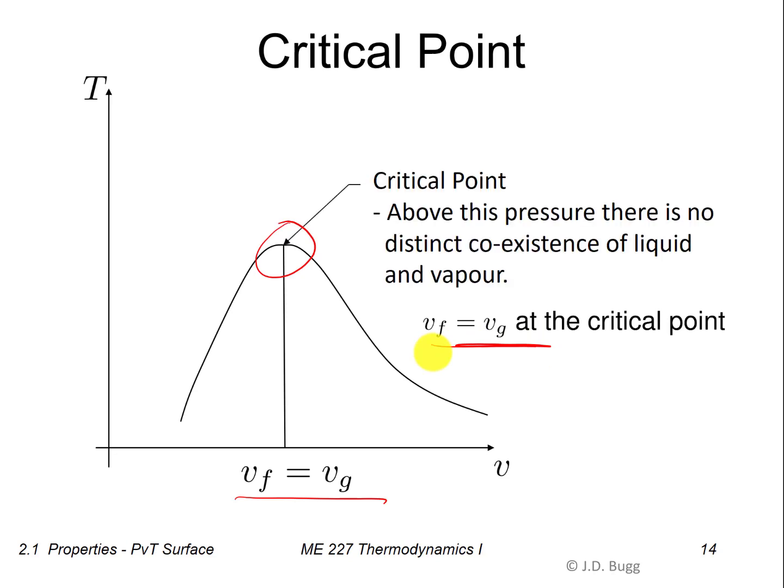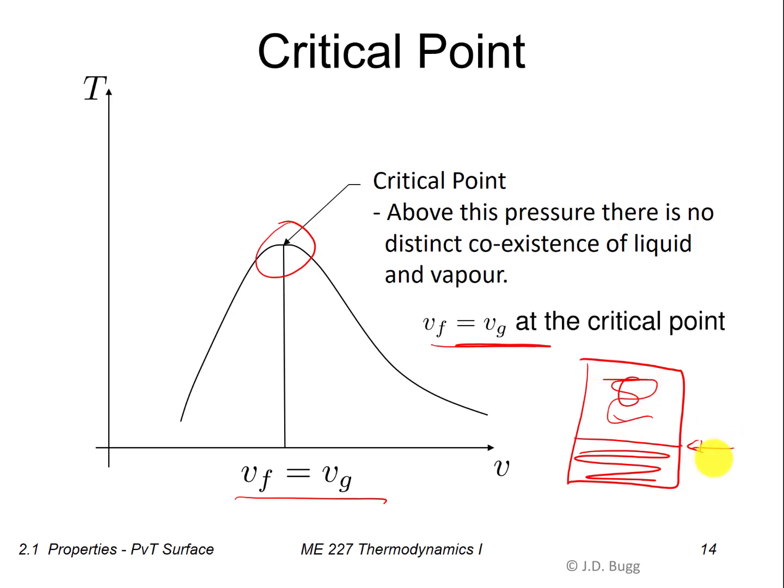Now, above the critical point, there really is no distinct coexistence of liquid and vapor. So we've gotten used to seeing containers so far, where if we have a mixture in here, the liquid is on the bottom and the vapor is floating around on the top. But if we're above this critical point and we were to look inside of the container, we would never see this distinct interface here.